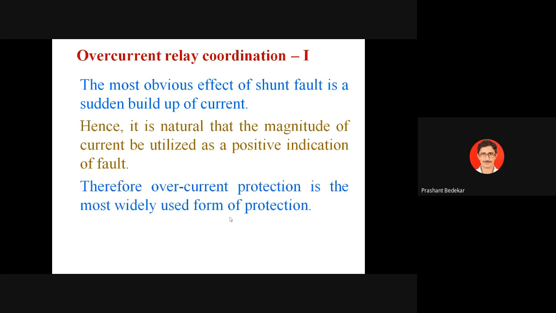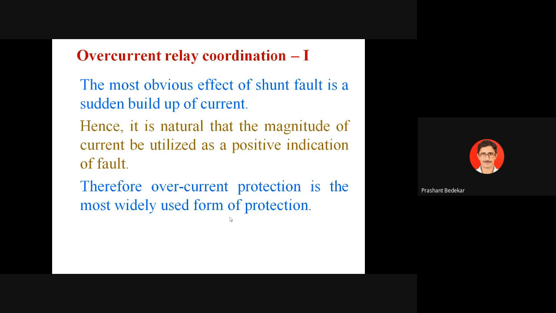Therefore, the most commonly and most widely used protection is overcurrent protection. And this is the protection which is taught as the first protection scheme whenever we teach power system protection. Overcurrent protection is the simplest type of protection and the most widely used type of protection.